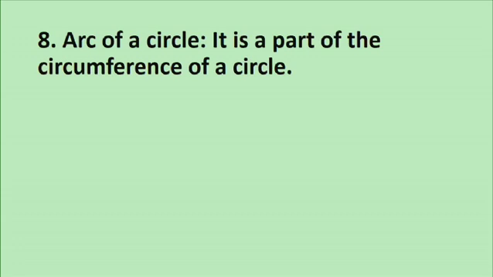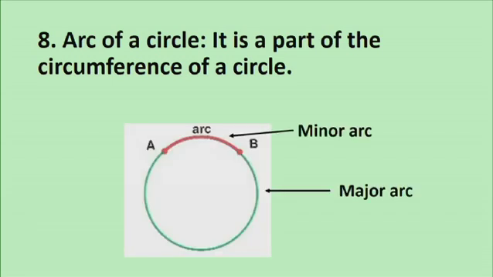An arc of a circle. It is part of the circumference of a circle. Here we can see that there are 2 points on the circumference, that is A and B. If we travel along the shorter part of the circumference, we are going to get a minor arc, whereas the longer part will be the major arc.